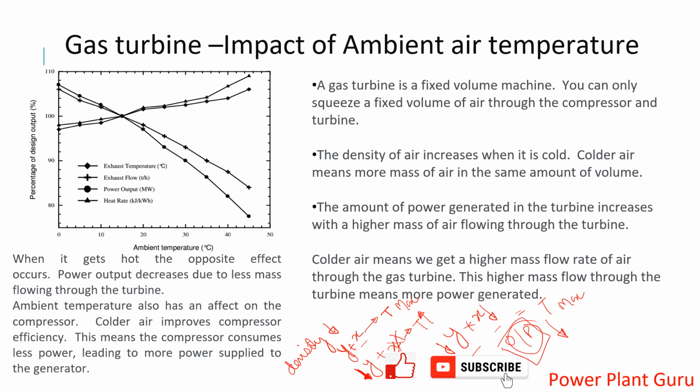Now, on the output part, if you have understood, there were two parts we have explained. One is your power output, which is this one, and it is decreasing. This we have explained. Now there is another factor for why your heat rate is increasing.